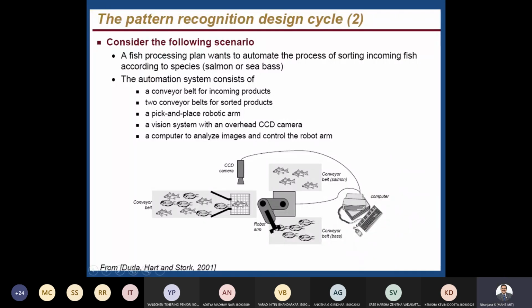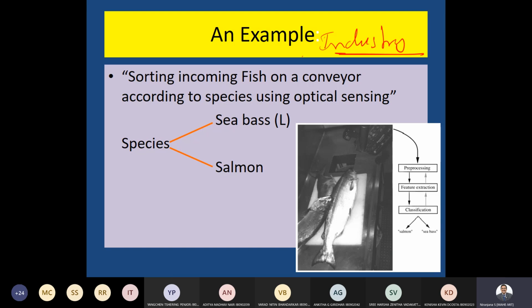When you consider the species here, we took two types, sea bass and salmon, right? One is generally slightly longer in length. That is one of the characteristics of this kind of species. However, there are two classes they consider in this particular fish: sea bass and salmon.